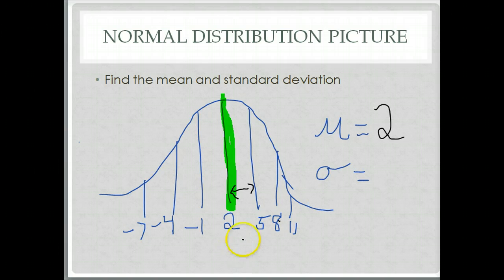I tend to do the positive values, like 5 minus 2 gives me a standard deviation of 3. You can do any values. 8 minus 5 is 3. The width of those bars is 3, which means the standard deviation is 3. So remember, the mean is the highest point, and the standard deviation is the difference in the bars, or how wide the bars are.